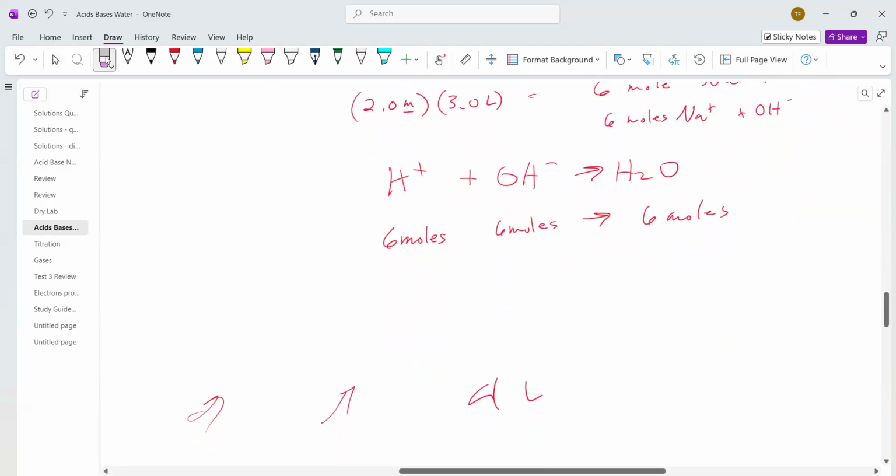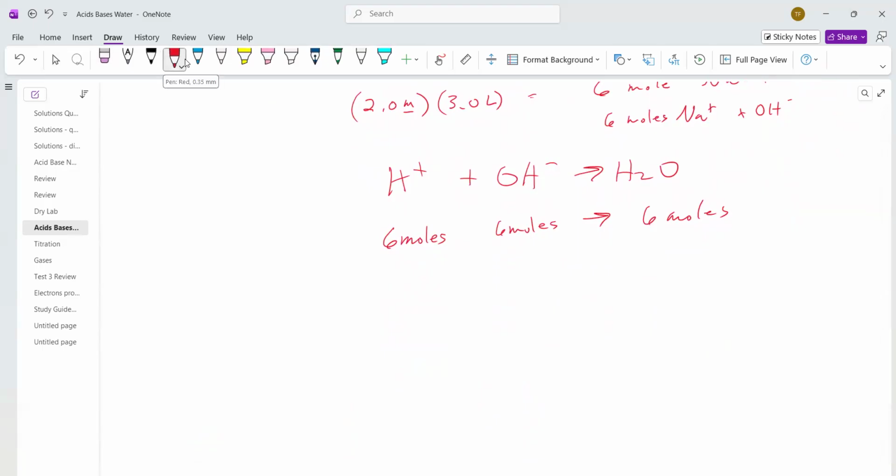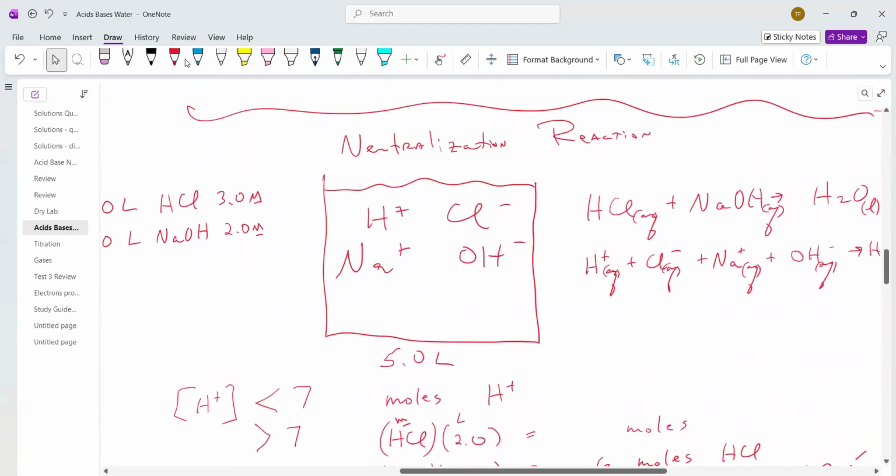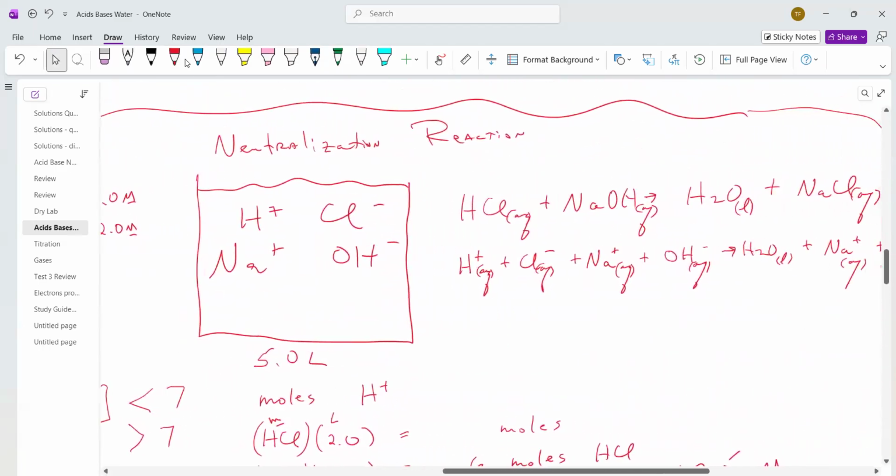So how many moles of salt did we make? Here's the reaction.